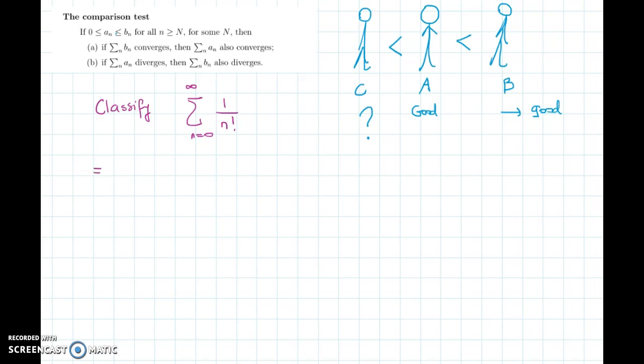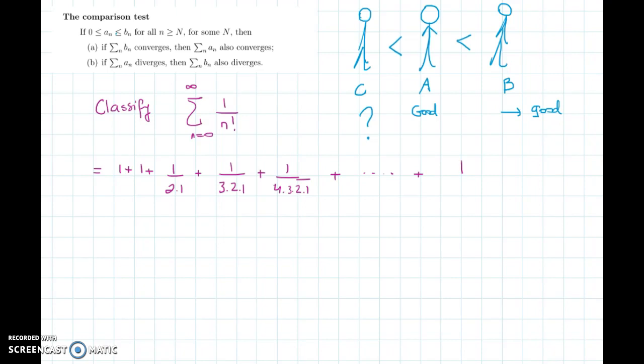For n equals 0, we're going to have 1, plus 1, and then we're going to have 1 over 2 times 1, plus 1 over 3 times 2 times 1, plus 1 over 4 times 3 times 2 times 1, and so on.